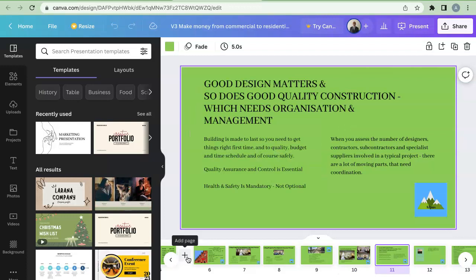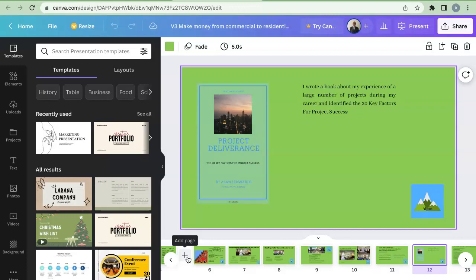So it's clear that good design matters, and so does good quality construction, all of which needs a lot of organisation and management, and that's why you need to allocate the responsibilities for design, for quality assurance and control, for health and safety to the members of your team. Clearly, when you look at the number of specialists involved in a construction project, that takes quite a bit of organisation, so you need to set it up in the most appropriate manner.